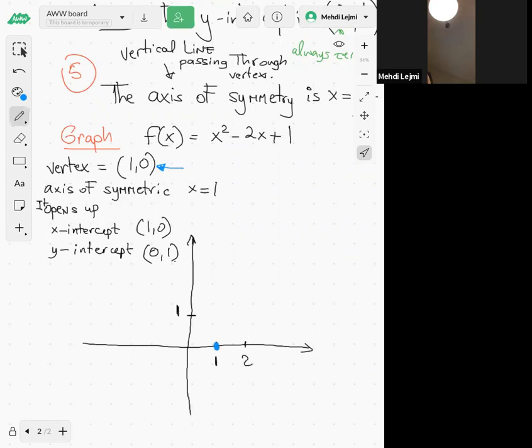I'm going to plot the x-intercept. The x-intercept is the same as the vertex, again 1, 0. There is also the y-intercept, which is 0, 1. So here's my y-intercept. And there's this axis of symmetry.